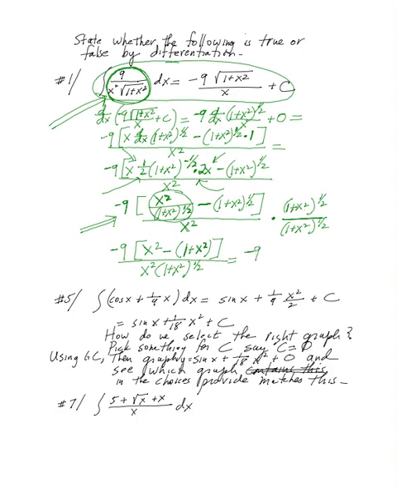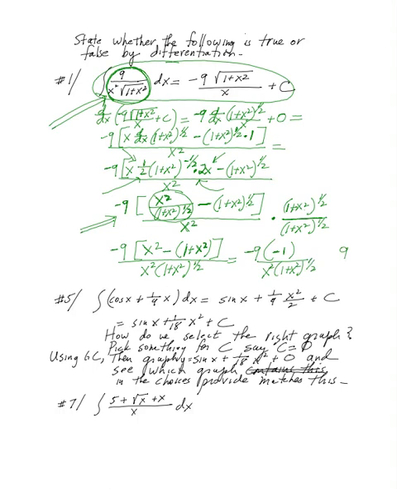Okay, x squared minus 1 minus x squared. You remove the parentheses, change the signs, so the x squareds go away, and I'm left with minus 1. And in the bottom, I've got x squared times (1 plus x squared) to the 1/2.